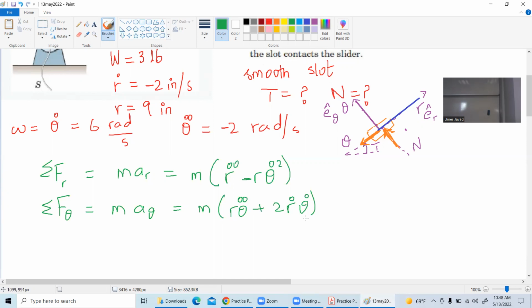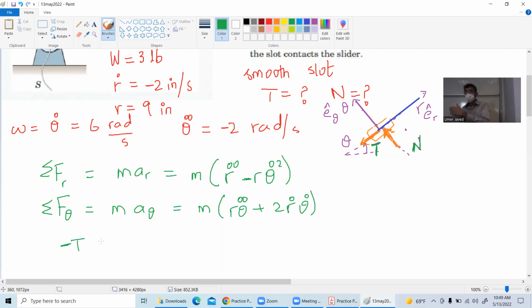This is the tension, right? So put the tension in the radial direction. Okay, minus T.